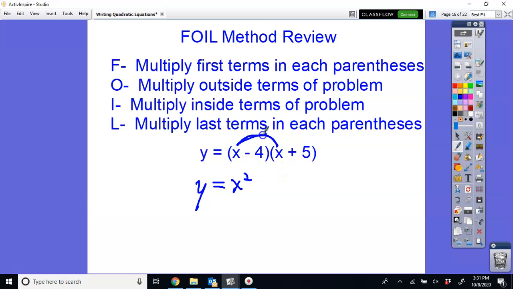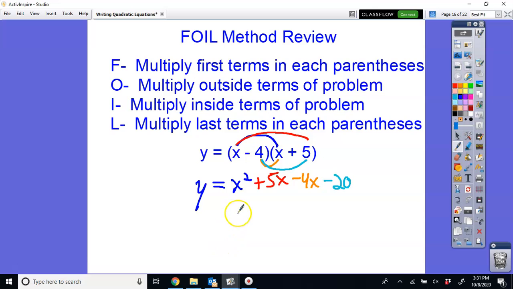The outside terms of the problem, that's x times 5, which is 5x. And then the inside terms of the problem, negative 4 times x is negative 4x. And then the last one here times the last one there, negative 4 times 5 is negative 20.